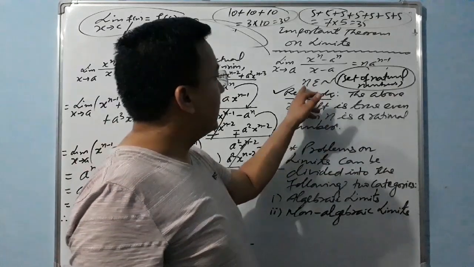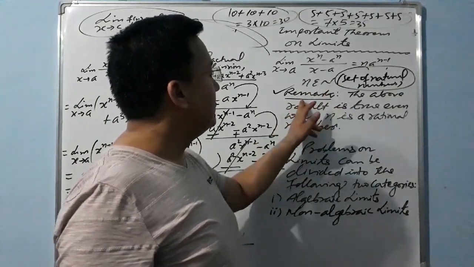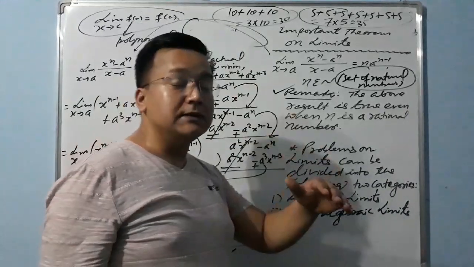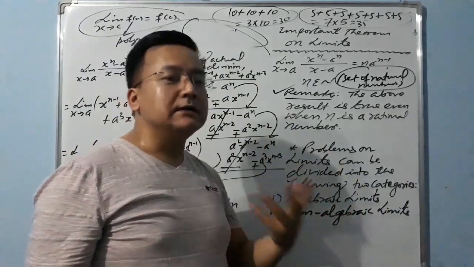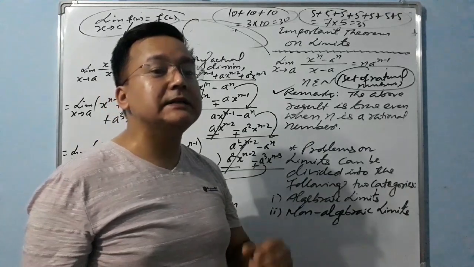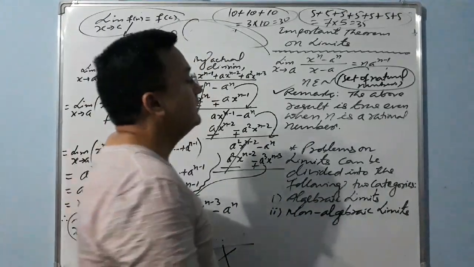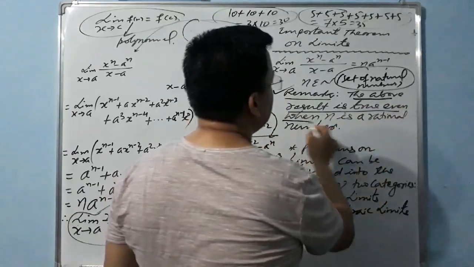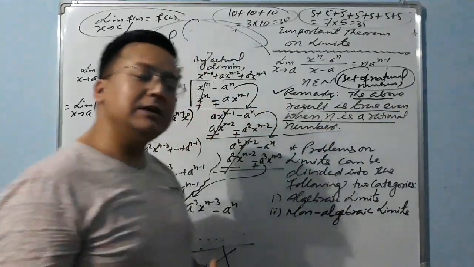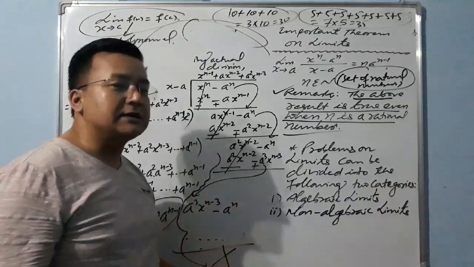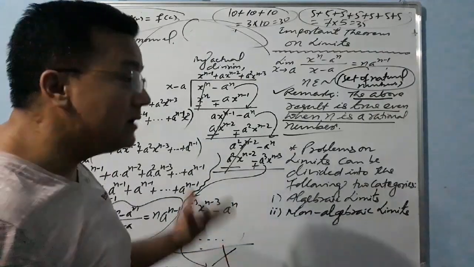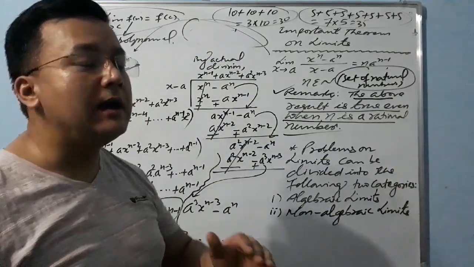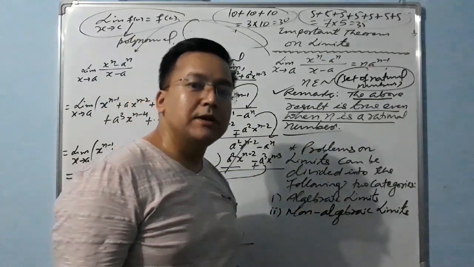I raised one question: does it work if n is a negative integer, zero, or a rational number? The theorem says the above result is true even when n is a rational number. So it works. If n is a rational number, n may be a positive integer or a negative integer.